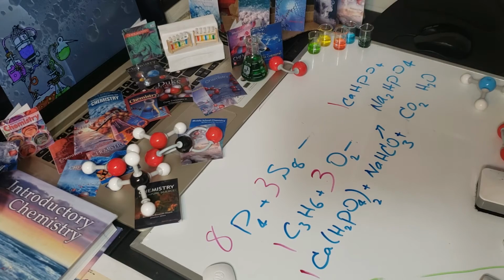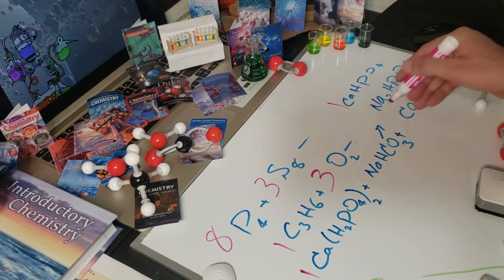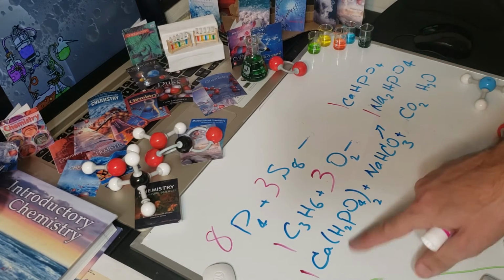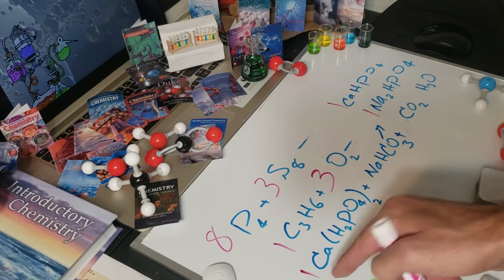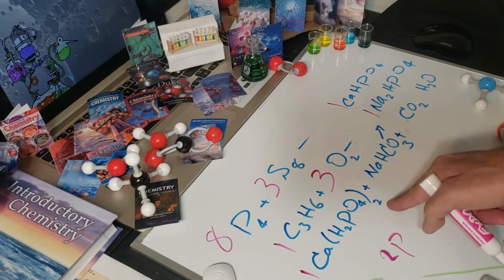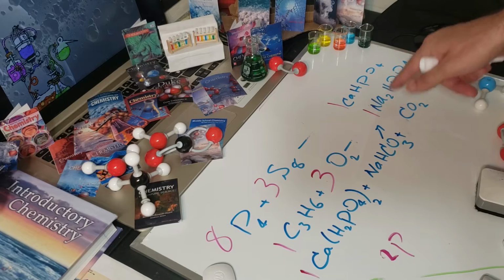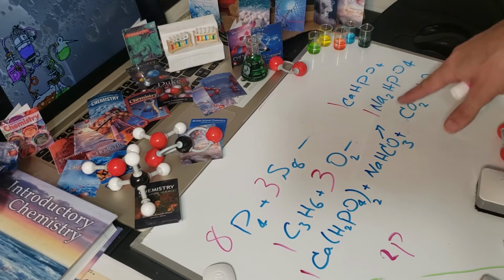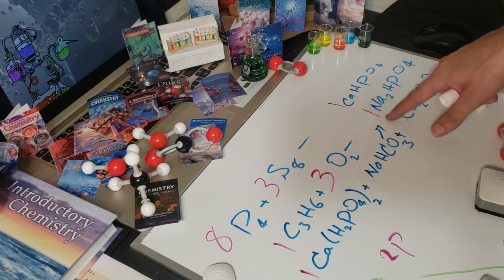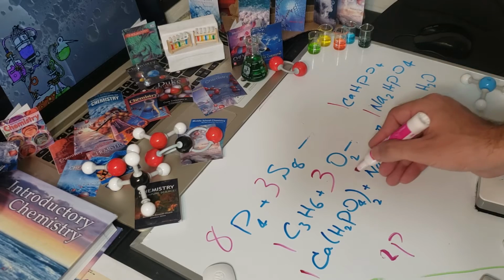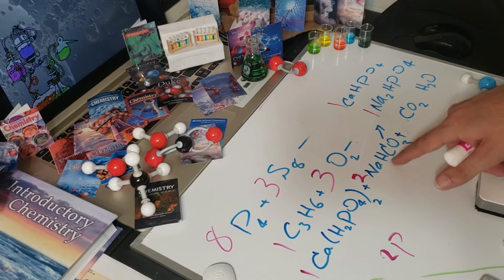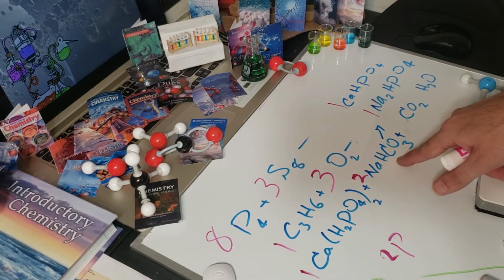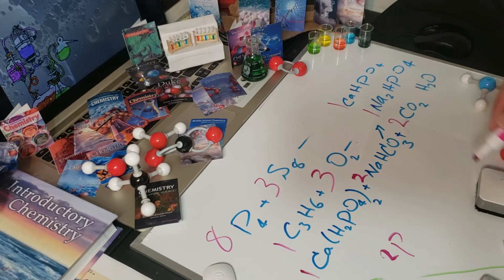So if I put 1 calcium here, then it means also 1 phosphorus, because it's 2 phosphorus here, 1 times 2, that makes 2, and 1 times 1, 2 phosphorus. So that's how I put 1 here. If I put 1, it's now 2 sodiums, and this should be also 2. And if I put 2 sodiums, this is 2 carbons here, so that should be 2 CO2s.